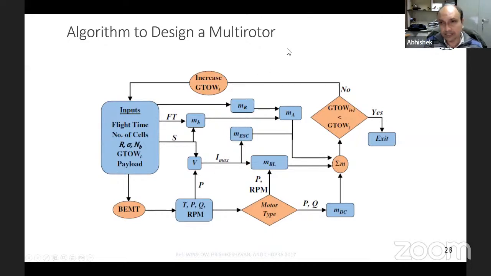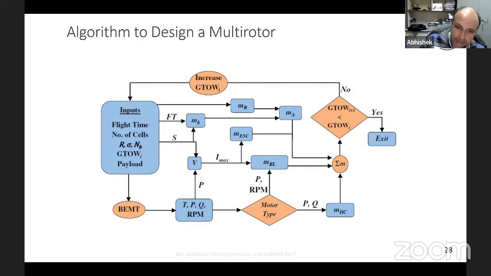Now this current requirement has to be used to size my motor. So what do we mean by sizing my motor? Let's take an example. I have a multi-rotor, say a quad rotor, which weighs, for example, 1 kilogram. When hovering, each motor-propeller combination is delivering 250 grams of thrust.